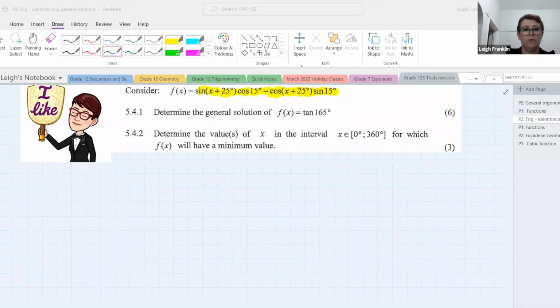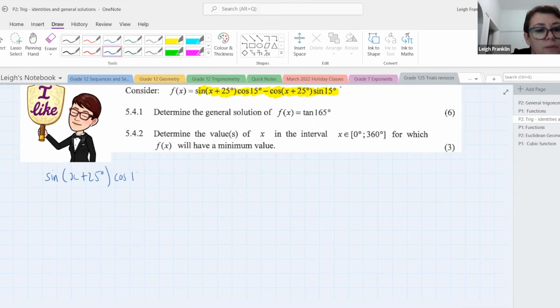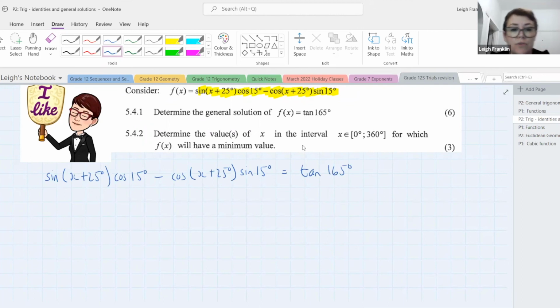I agree with you. So in other words, what they want you to do is take the sine of x plus 25 cos 15 minus the cos of x plus 25 sine 15, and make it equal to the tan of 165 in order to be able to do the general solution.